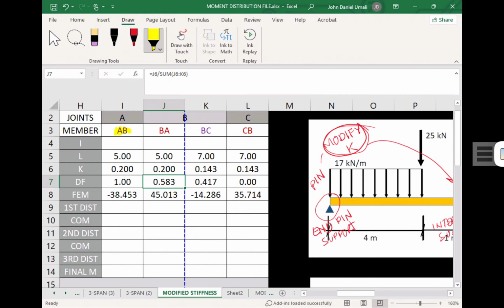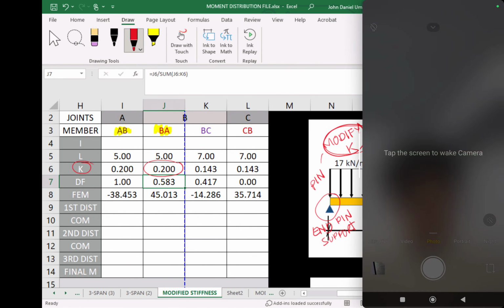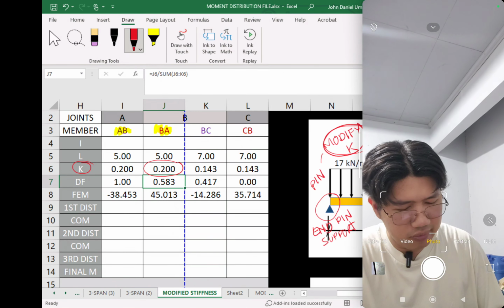Yung interior support is na kay BA. So yung apply natin ng modification is yung stiffness ni BA. Okay?